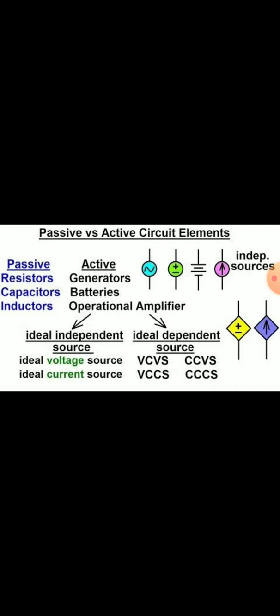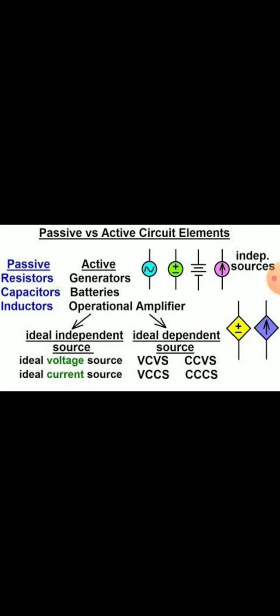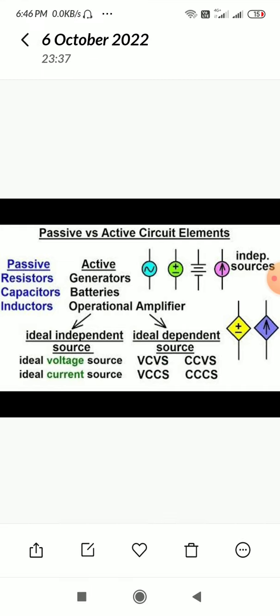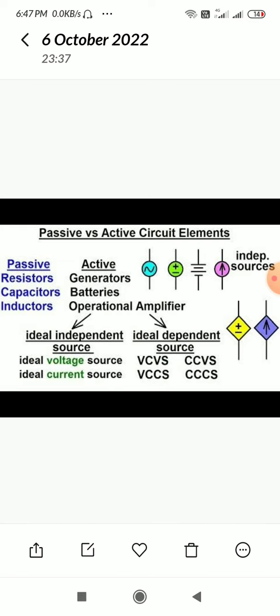Resistance: when a potential difference is applied to the ends of a conductor, current flows through it. In every conductor there exists an opposition to the flow of current. This opposition to the flow of current is called the resistance. It is denoted by R and its unit is ohm.